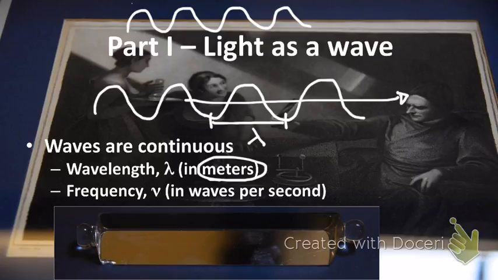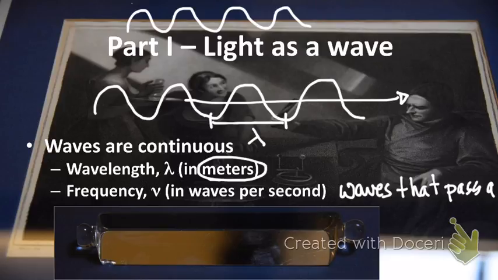If he figured out how many waves passed him per second, because remember, the light waves are traveling, that's what we call the frequency. Just waves that pass a point, per second, Isaac Newton being our point in this picture.